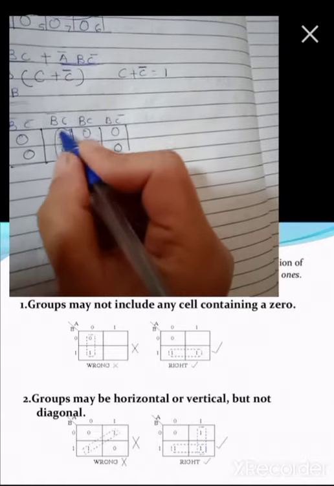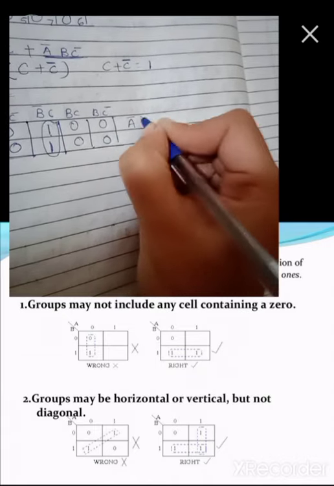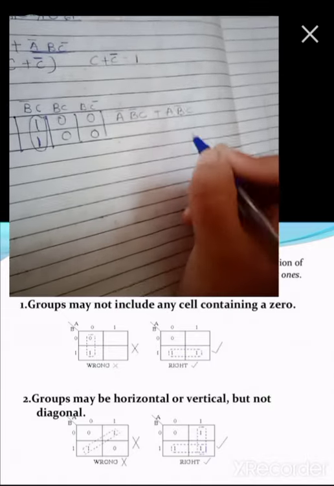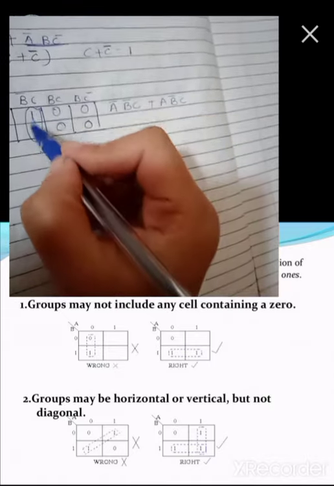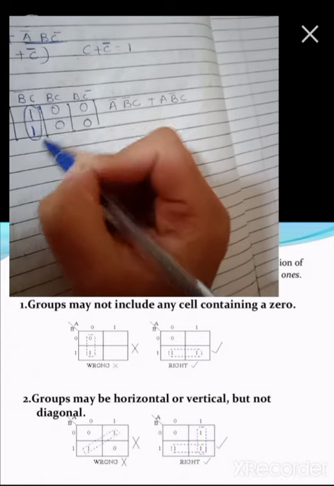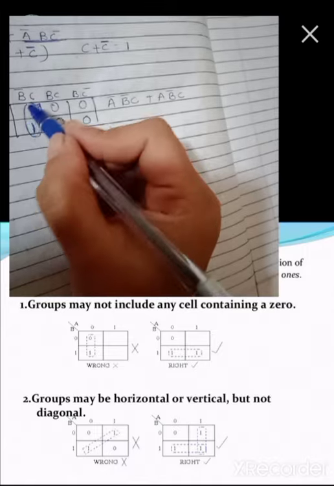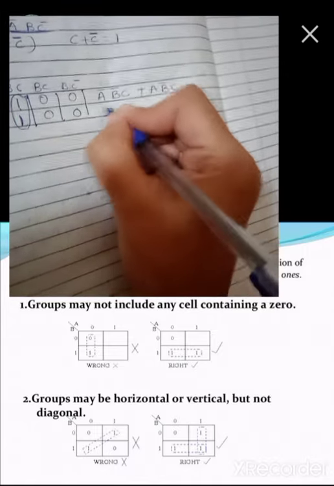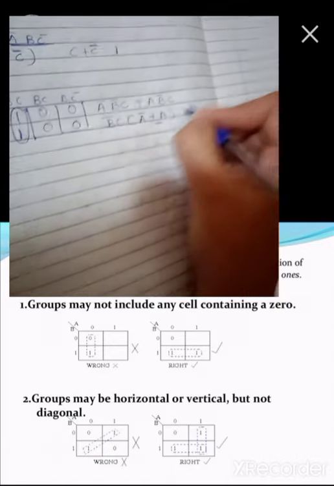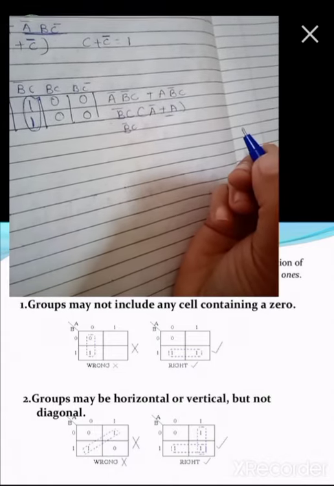So you have to write down the equation for this. This one represents A bar B bar C, and this one is A B bar C. So what is the common variable in this K-map? You are able to decide which variable is common, because this column is common, right? So this variable is common, B bar C. So in the bracket A bar plus A will remain, which is replaced with 1 by applying the OR law, right? So your answer is B bar C, right?